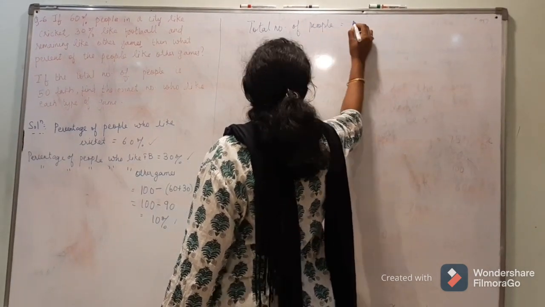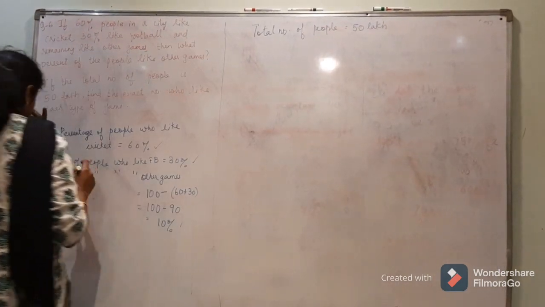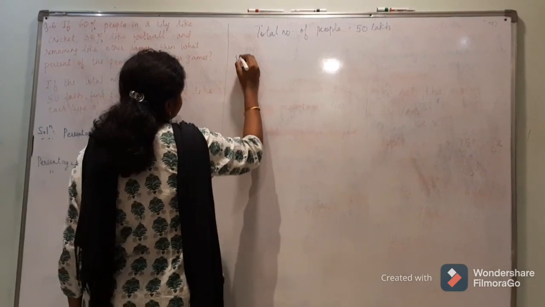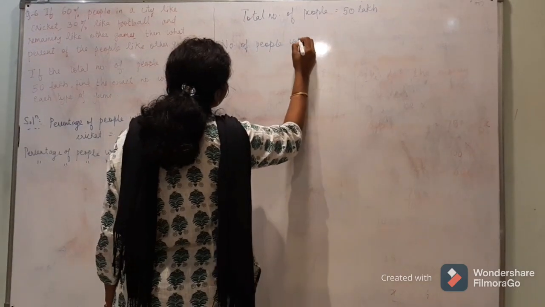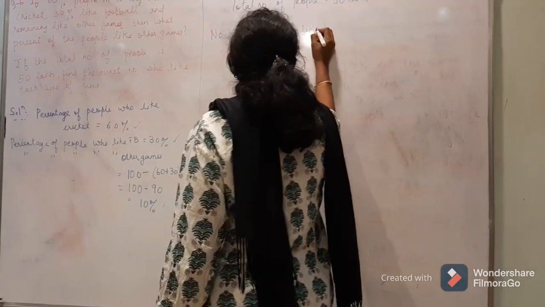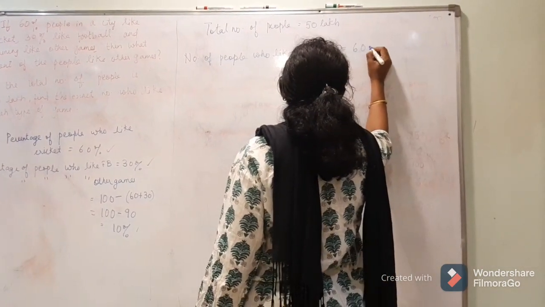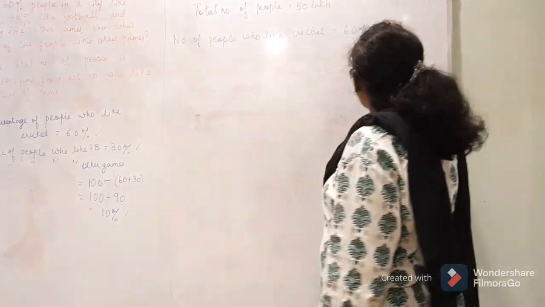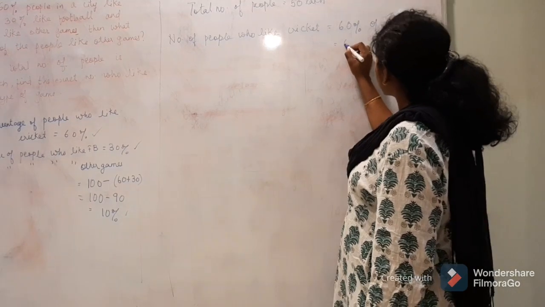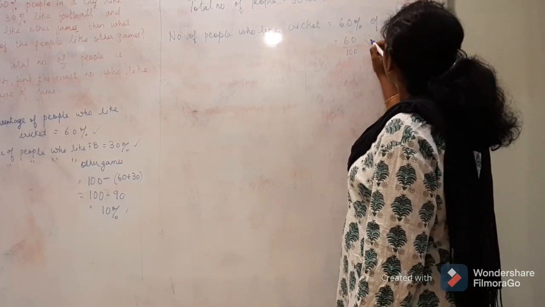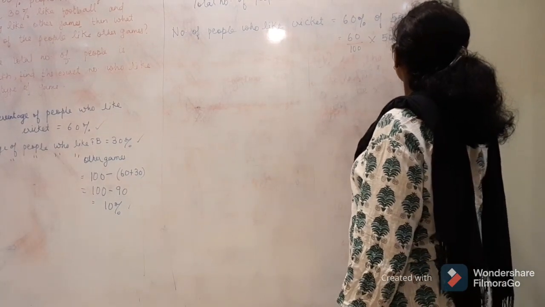It is given as 50 lakh. तो अभी number of people who like cricket. कितना परसेंटेज है? 60. So 60% of 50 lakh, right? So this will be 60 by 100 into 50 lakh.